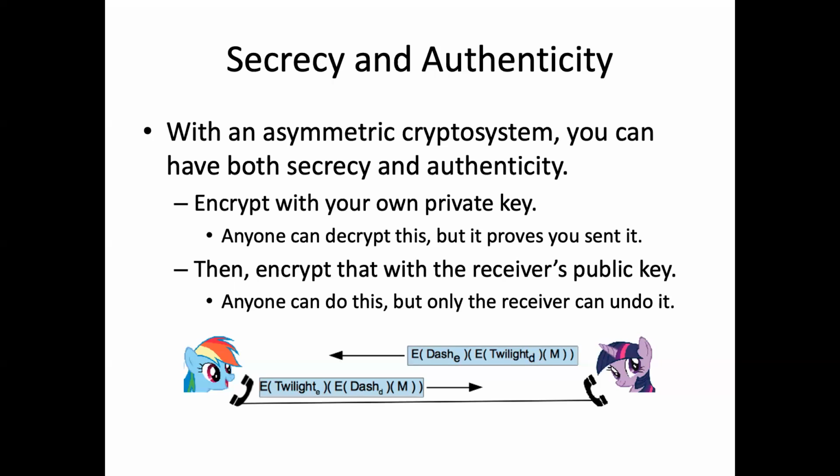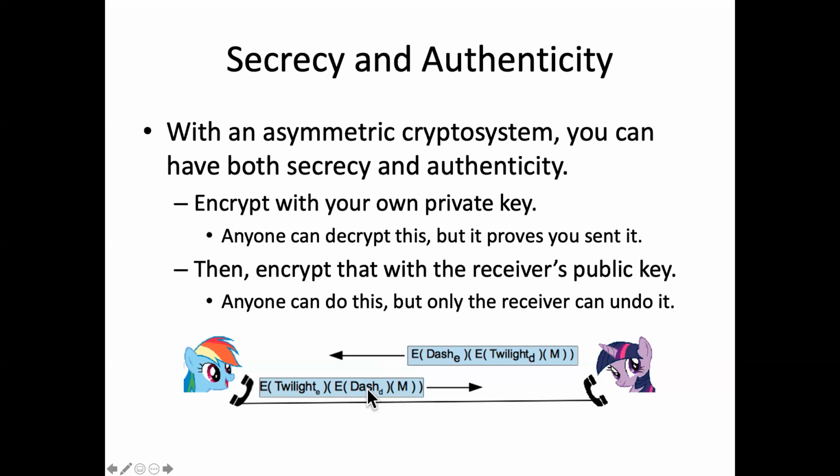And that's what this picture at the bottom tries to show. If Dash wanted to send a message that clearly came from Rainbow Dash, and that only Twilight Sparkle could read, we could take that message M and encrypt it with Dash's private key. Anyone can undo that operation, but only Dash could have sent that message, since it was encrypted with a key that only she should know.